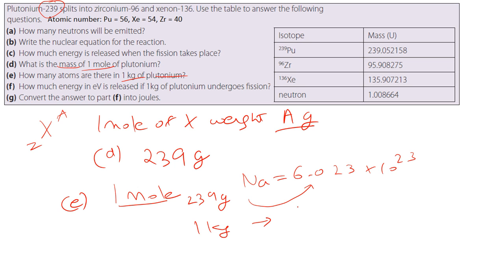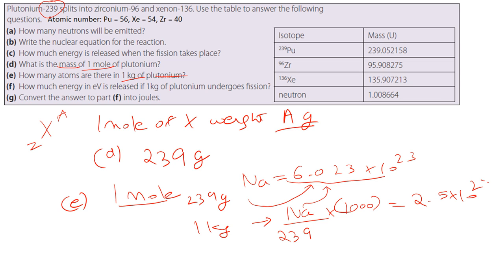To do that, we take Na, divide it by 239 and multiply by 1 kg, which is 1000 grams. Put in the value of Na and solve, and you will get 2.5 × 10^24 atoms.